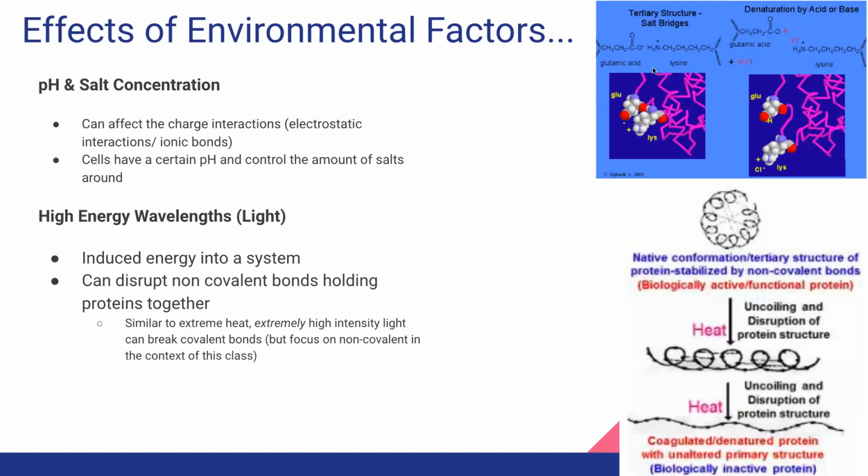Light can also be introduced to a system and disrupt those non-covalent bonds that hold the protein together. Like I said before, very intense heat and very intense light can break covalent bonds, but generally we're talking about the disruption of non-covalent bonds.